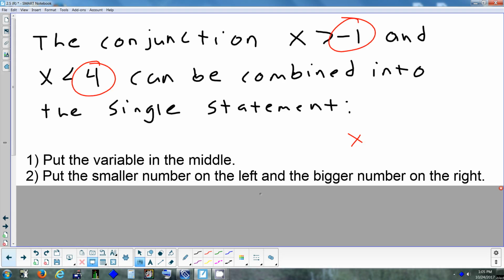Put the smaller number on the left. Put the bigger number on the right. Do that. You must write this down. I would. Because you might see some questions on the test where I write things this way.